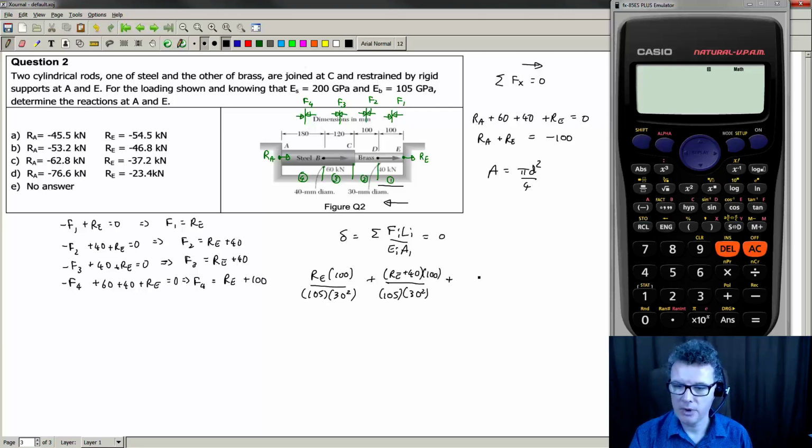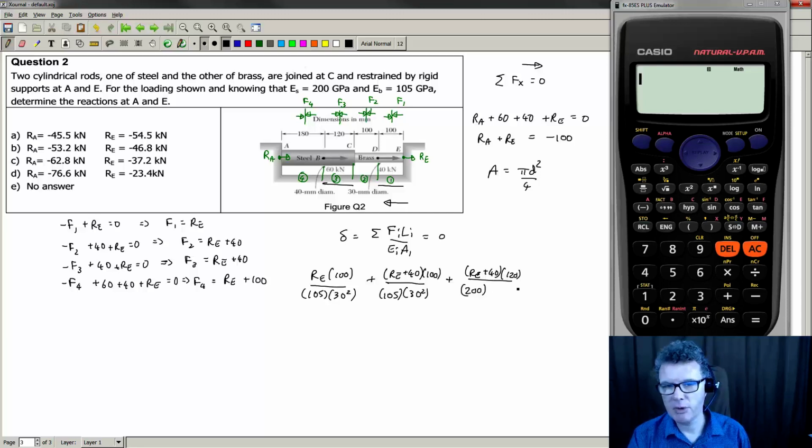Okay, so F3, we've got RE plus 40. What's its length? It's a length of 120 millimeters. We're now using a different material, and the material is steel, so it's got a Young's modulus of 200.